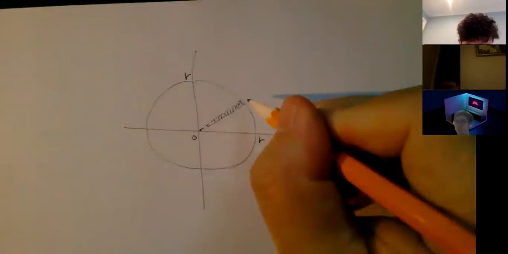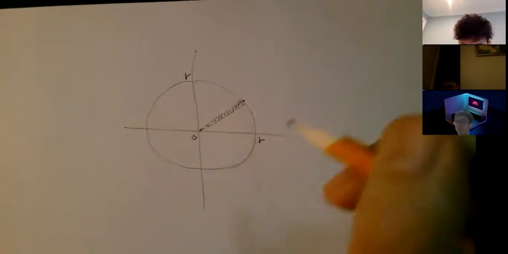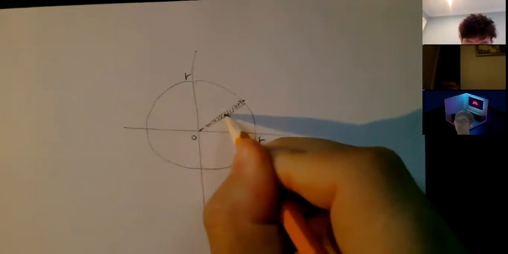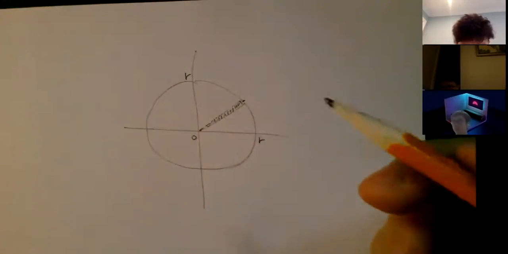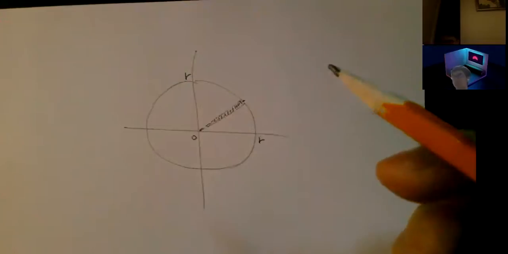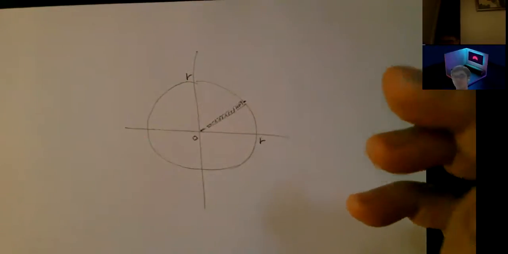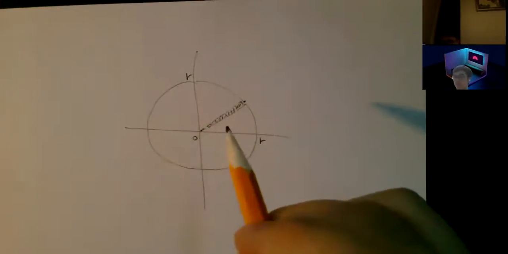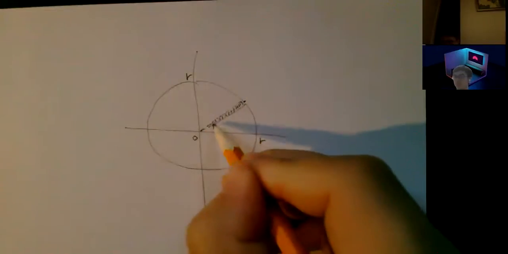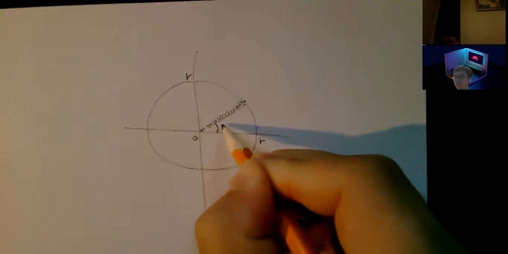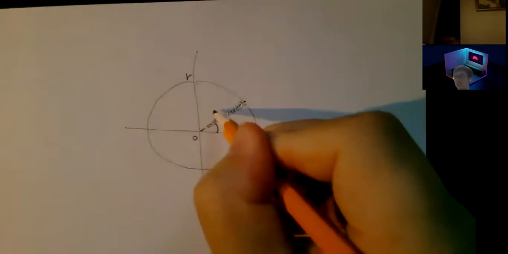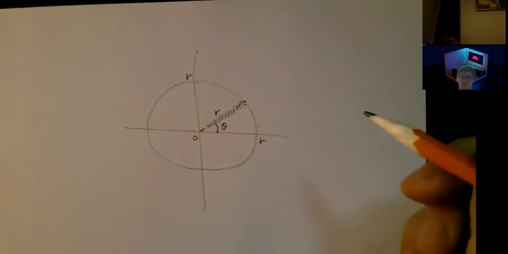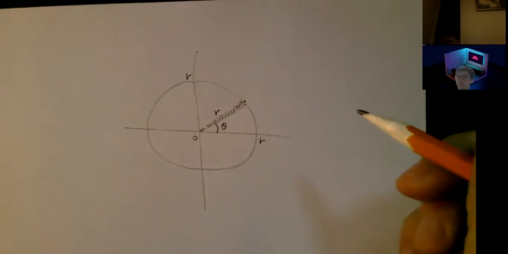This is a tiny slice. Eventually, the slice, of course, has to go to infinitely small in order to make this area accurate. So here is the angle delta theta, and this is our radius R, correct?